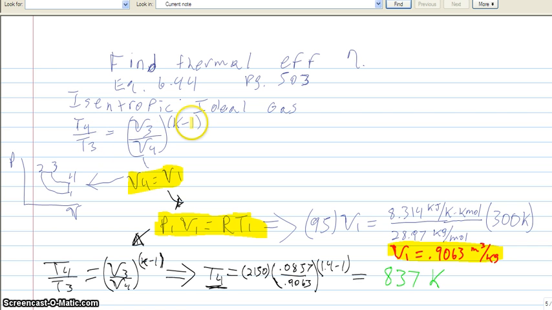So now we'll use this equation: T4 over T3 equals V3 over V4 to the power of k minus 1. With a little rearranging, T4 equals 2150 Kelvin times (0.0857 meters cubed per kilogram divided by 0.9063 meters cubed per kilogram) to the power of 1.4 minus 1, and that equals 837 Kelvin for T4.